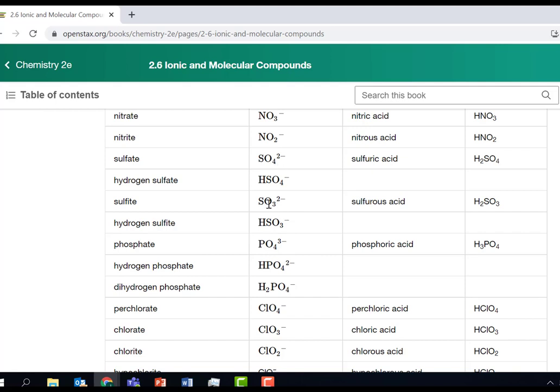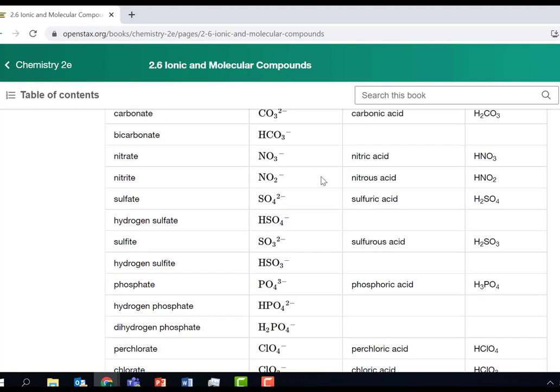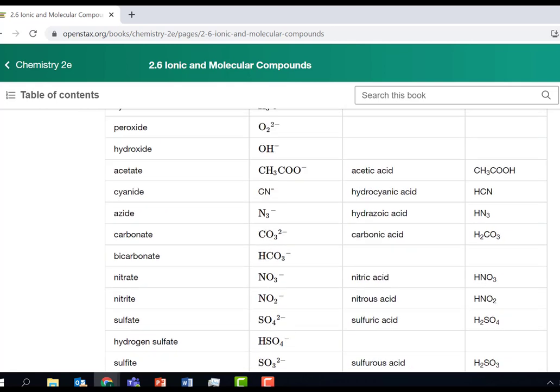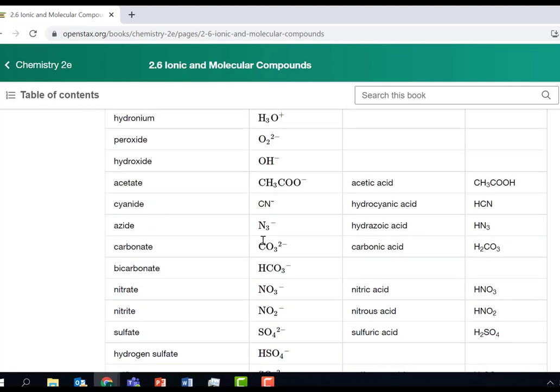You will notice here though that the charge is different than it was for chlorate. Also, the number of oxygens is different than it was for chlorate. We see nitrate and nitrite: 3 and then 2 oxygens, -1 charges there. We don't have a carbonite, we have a carbonate, and we have a phosphate.